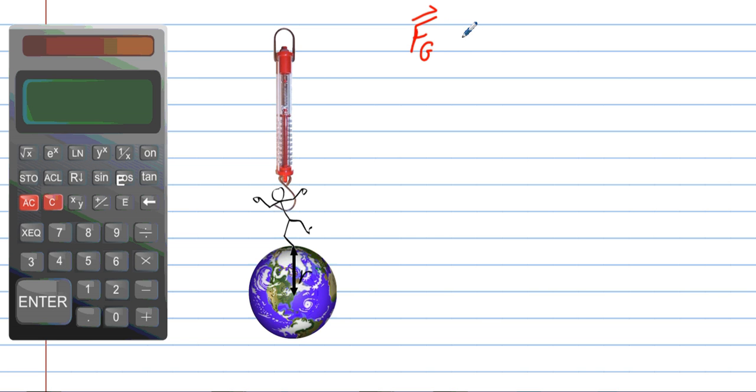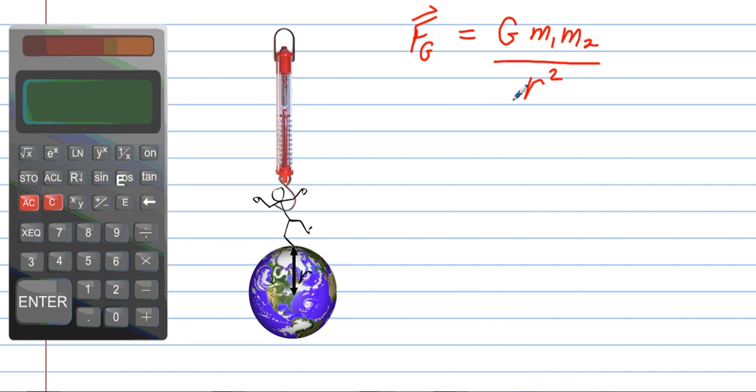The force of gravity between bodies is equal to a constant G, which is referred to as the universal gravitation constant, and two masses, m1 and m2, divided by the distance between the centers of mass of the two masses m1 and m2 squared.